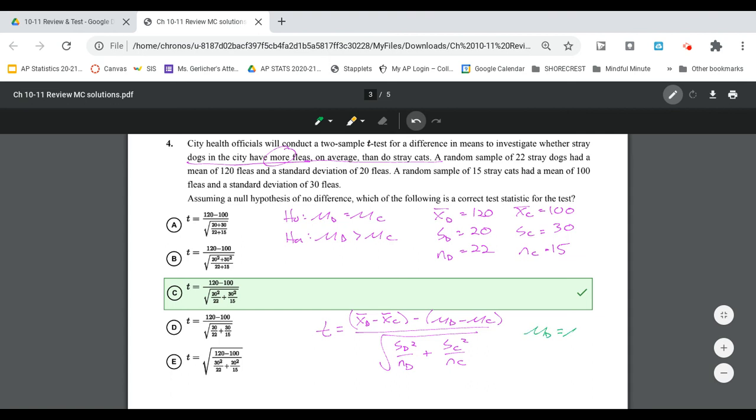So here's the Ho, right? Now if I subtract mu c from both sides, I get mu d minus mu c equals 0. So really what I'm saying is this guy equals 0. So in their equations, they did not bother saying minus 0 because minus 0 doesn't change the math at all. So all they really have is the x bar d minus x bar c, and they didn't bother saying minus 0.